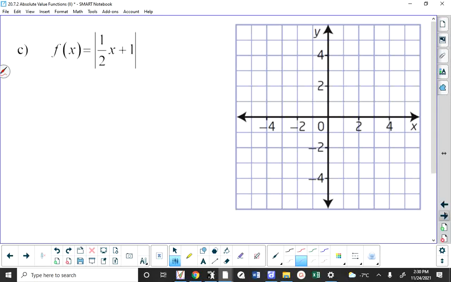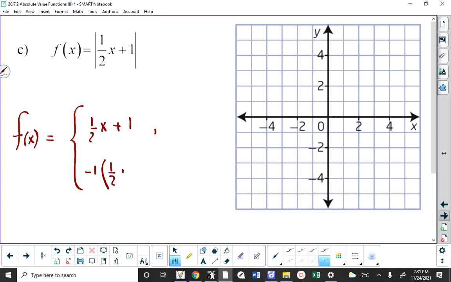f of x is the absolute value of 1/2 x plus 1. Okay. Well, that means that f of x will be equal to 1/2 x plus 1 in one part of the domain of x values, and it will be equal to negative 1 times 1/2 x plus 1 in another subdomain.